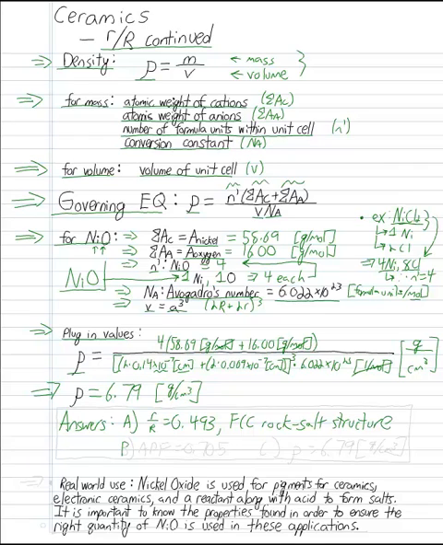For part B, we need to find the atomic packing factor, and we can see that was equal to 0.705. And finally, part C, we needed the density, which we found to be 6.79 grams per centimeter cubed. These then are the answers to the example problem.